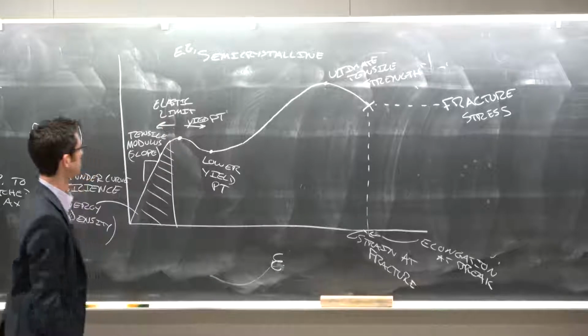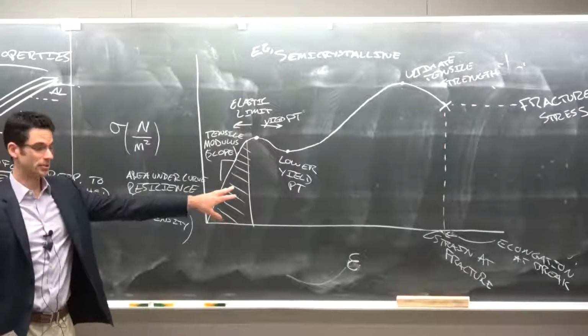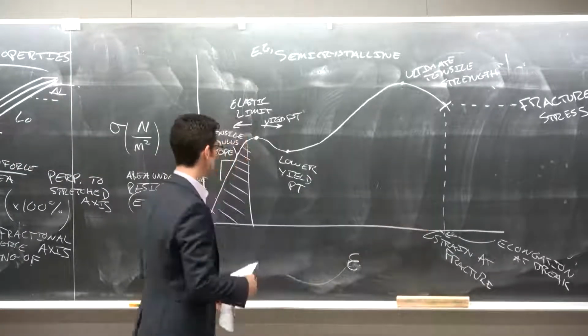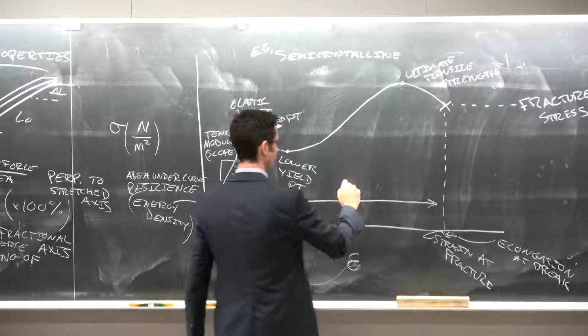Same thing. Now the entire curve you can integrate as well, which includes the resilience and then all this stuff here. And the area under the entire curve is called the toughness.